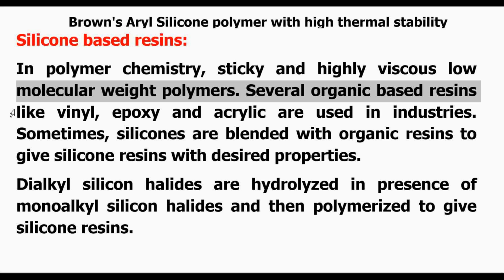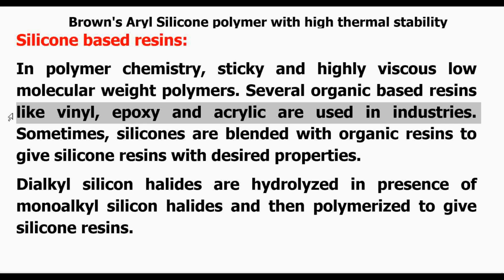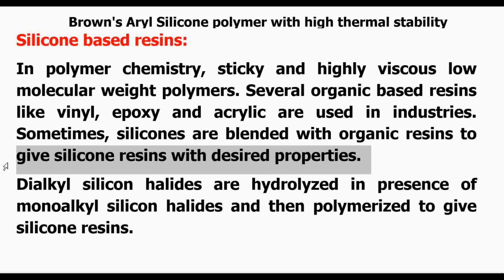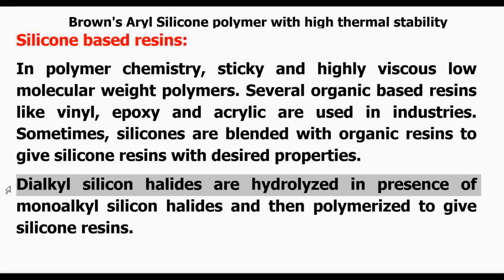Several organic based resins like vinyl resin, epoxy resin and acrylic resins are popularly used in industries. Sometimes silicones are blended with the organic resins to give silicone resins with desired properties. Now how to obtain these silicone resins?